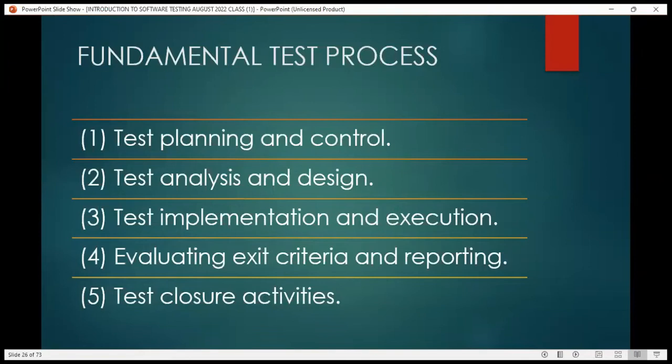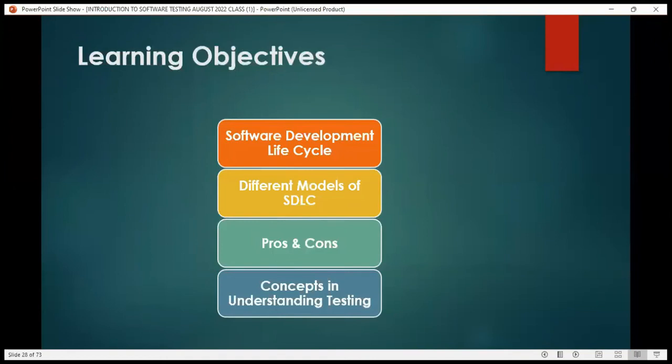Fundamental test process. And these are 5: test planning and control, test analysis and design, test implementation and execution, evaluating exit criteria and reporting, then test closure activity. Then there's the psychology of testing, just mainly telling you different phases of testing. Now, I also continued to talk about the different software development life cycle, the SDLC.